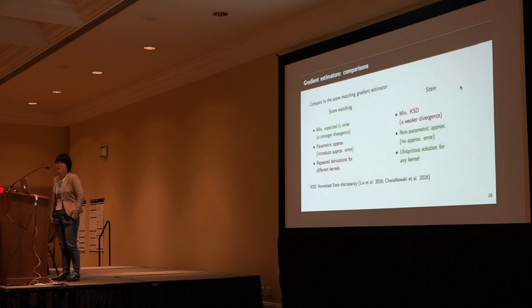Another comparison to the score matching estimator can be a little bit more complicated. First I will tell you that for the score matching estimator, the expected L2 error is also called Fisher divergence, which is a stronger divergence than the kernelized Stein discrepancy that the Stein gradient estimator is minimizing. So in this sense, minimizing the L2 error could potentially give you more accurate results.